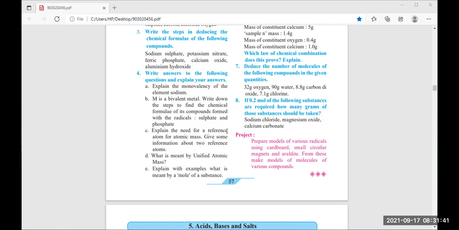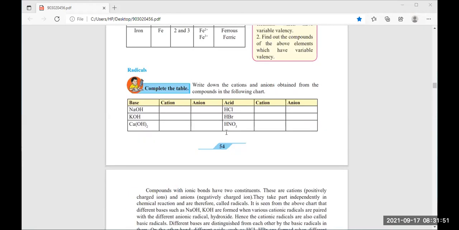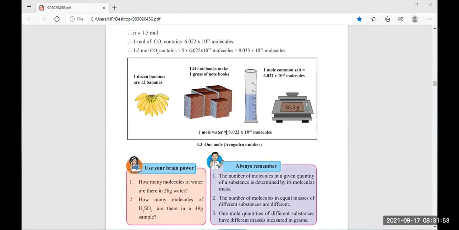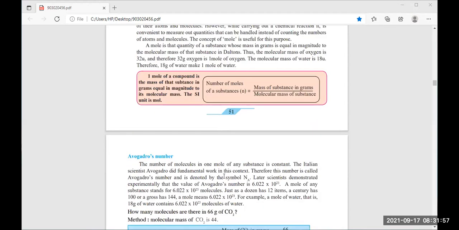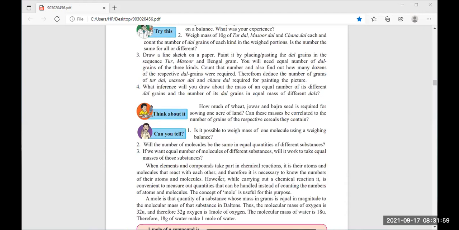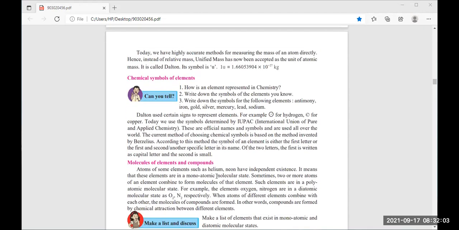We have to consider: explain the need for a reference atom for atomic mass. We have already taken this, so you will get the answer directly. See where I am showing: the reference atom which we have taken is the hydrogen atom, and in that we have written all things. So where is it mentioned? Can you tell me about the reference atom?